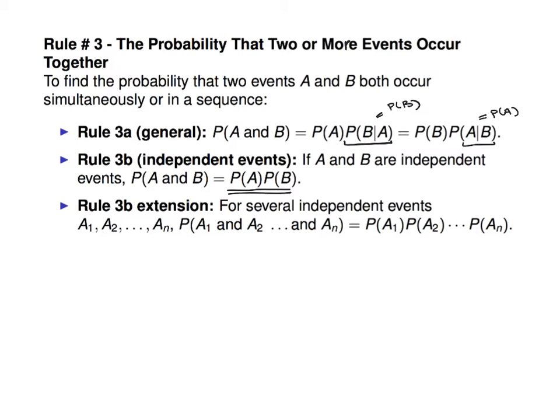And one kind of useful extension is if you have lots of independent events, the probability of the first and the second and the third, you can just generalize Rule 3b and multiply each individual probability. Usually independence is an assumption that's made so that you can use this rule, but you should just be careful because events are not always independent.